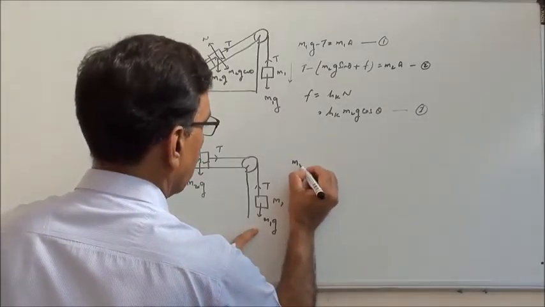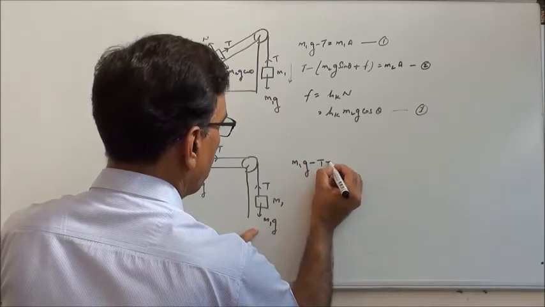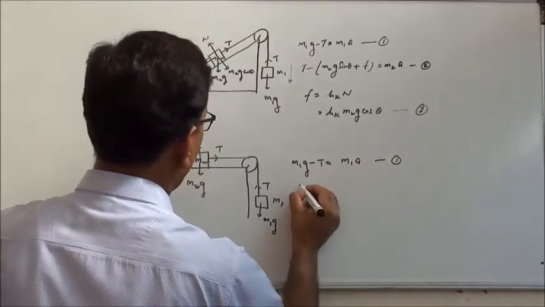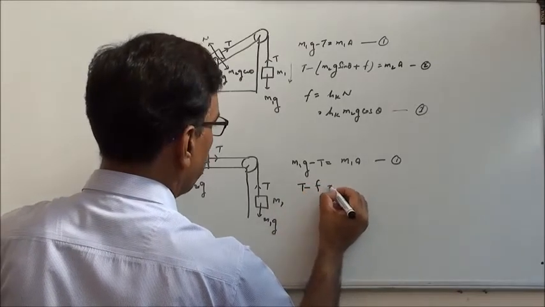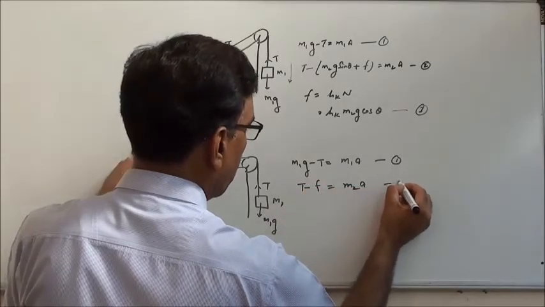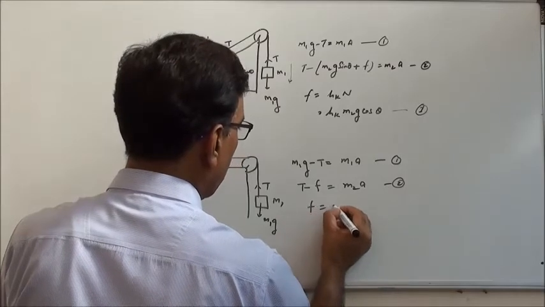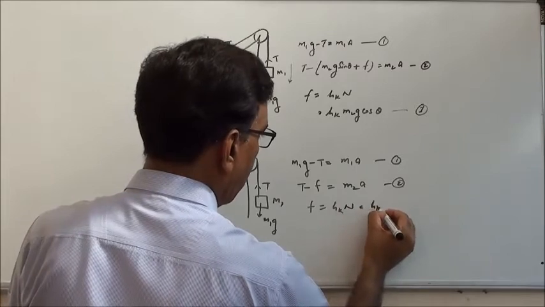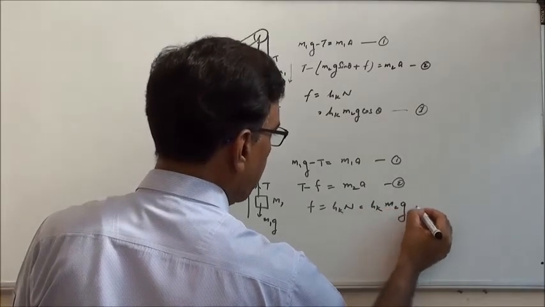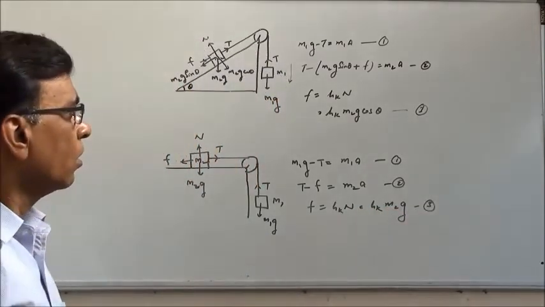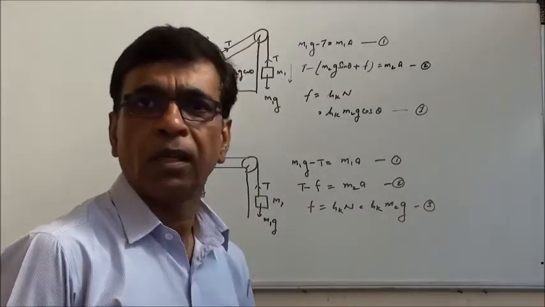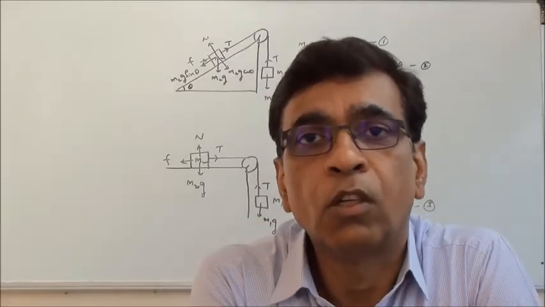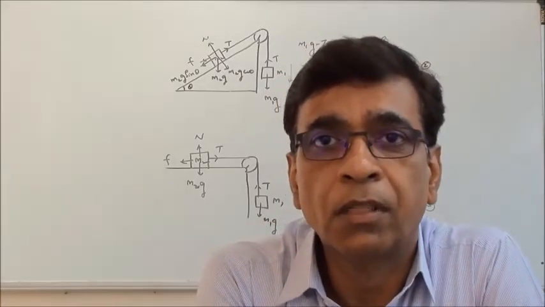For this, M1G minus T is equal to M1A. For this, T minus F is equal to M2A. And what is F? It is mu K into N, and N here is simply mg. This is how we can write various equations and find out the value of acceleration or tension.